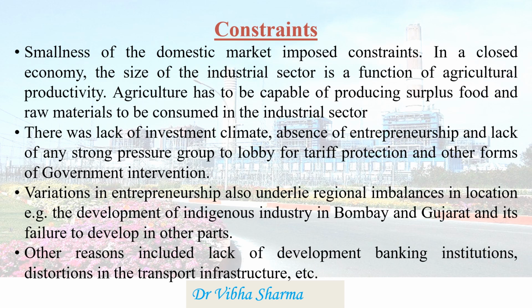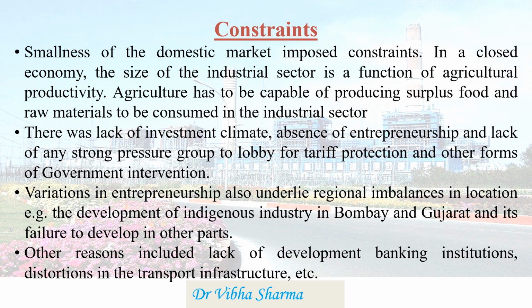In this slide, we will discuss the constraints of the market at that point of time. The smallness of the domestic market imposed constraints. In a closed economy, the size of the industrial sector is a function of agricultural productivity.